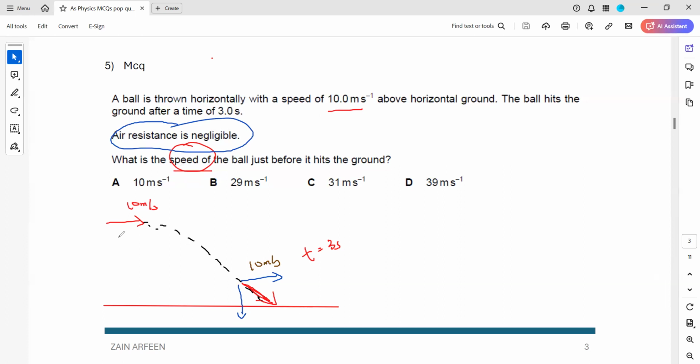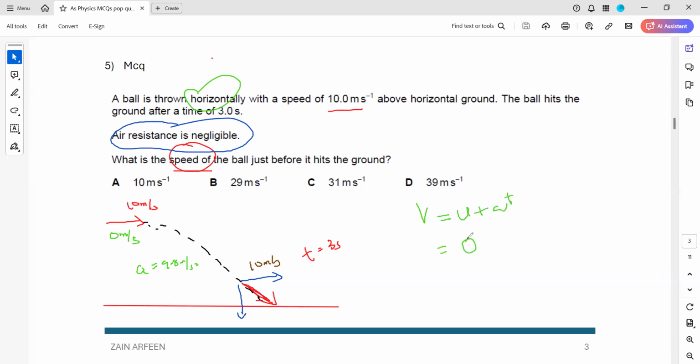The vertical component will have an acceleration. In the beginning, the vertical component is 0 because when a projectile is launched horizontally, there is no vertical component. And the vertical component will have an acceleration due to gravity, 9.8. So first we have the horizontal component. First we'll work out the final vertical component by using the equation of motion, V equals U plus AT.